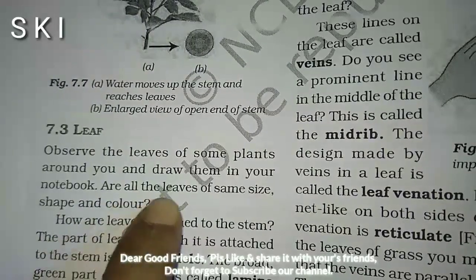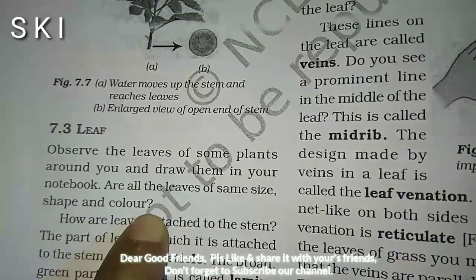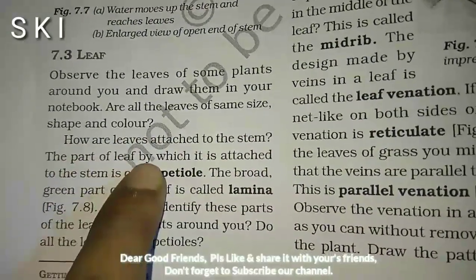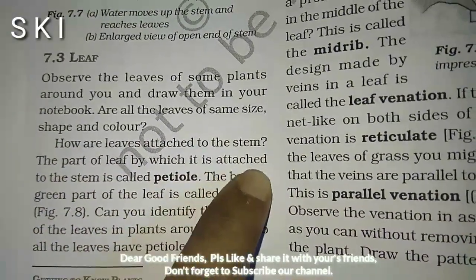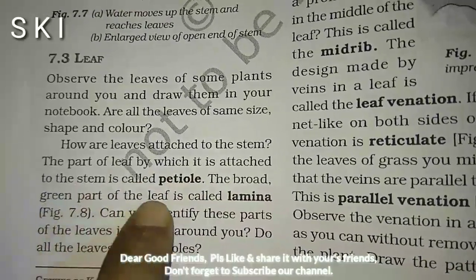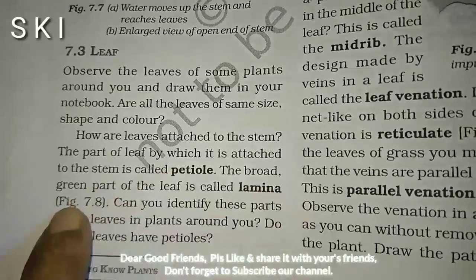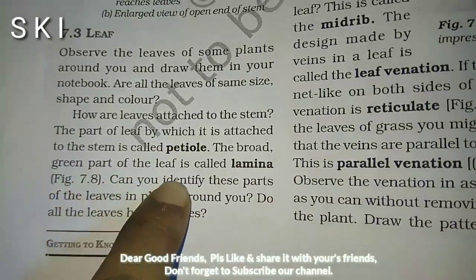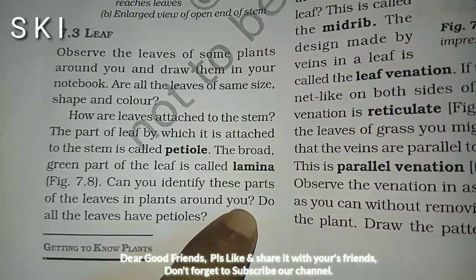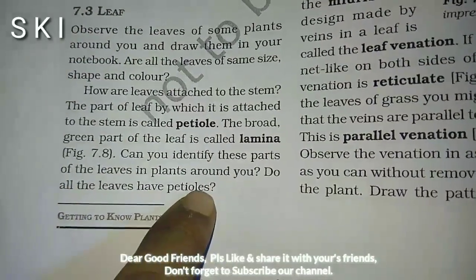Are all the leaves of the same size and color? How are leaves attached to the stem? The part of the leaf by which it is attached to the stem is called petiole. The broad green part of the leaf is called lamina. Figure 7.8. Can you identify these parts of the leaves in plants around you? Do all the plants have petioles?